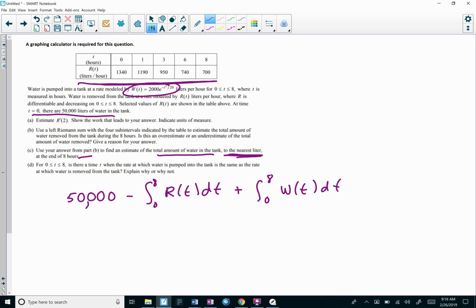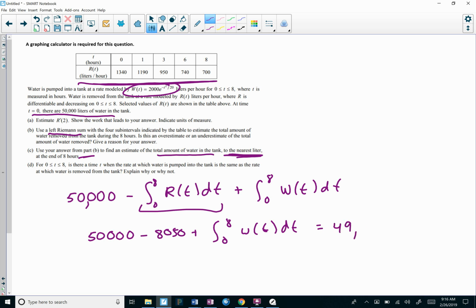But it said use your answer in part B. Remember part B, the left Riemann sum estimates the area under the curve. We estimated that. So it's 50,000 minus 8,050 plus the integral from 0 to 8 of W of t dt. It is calculator active, so we just type that in, round to a whole number.